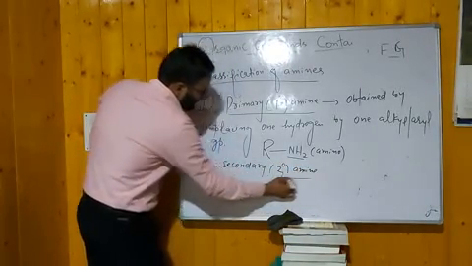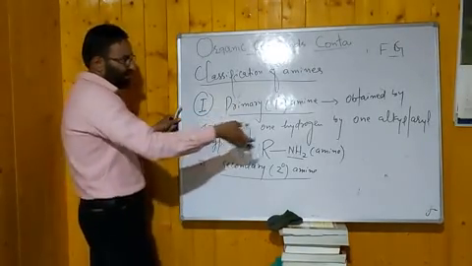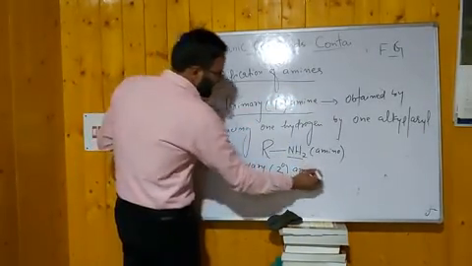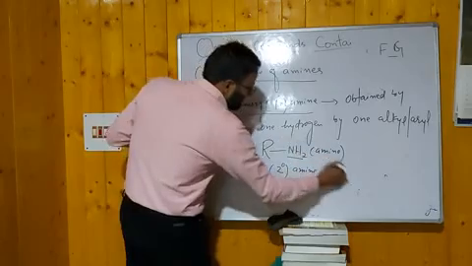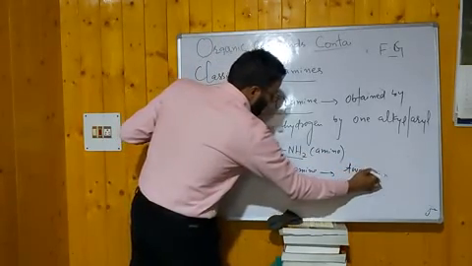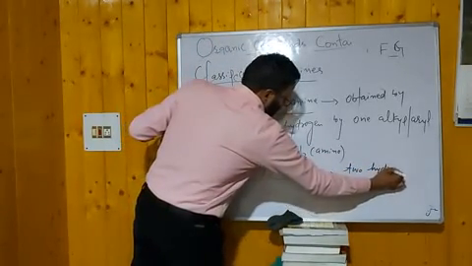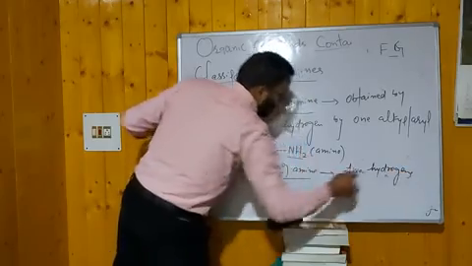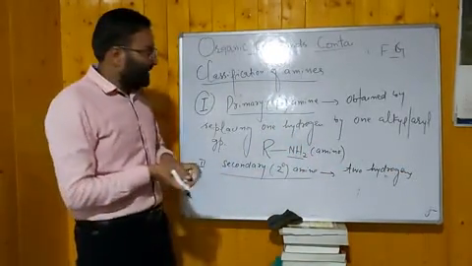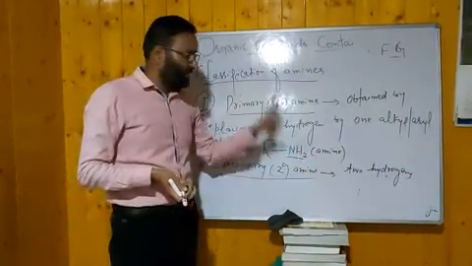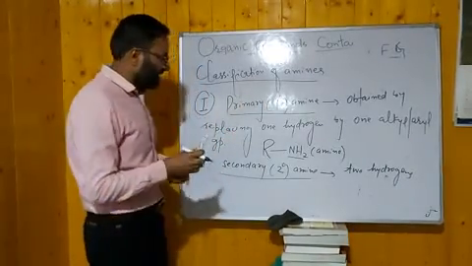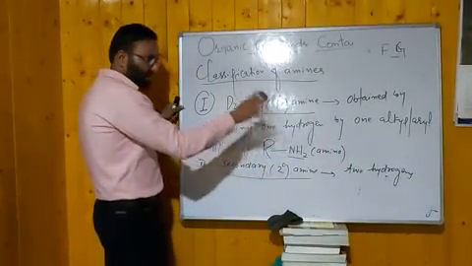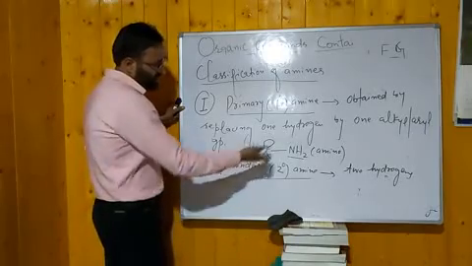In the same way, you can define it: these are obtained by replacing, remember here, instead of one, two hydrogens. The definition is the same. The only difference is that here you mention two hydrogens. When you replace two hydrogens by two alkyl groups, you get the secondary amine.